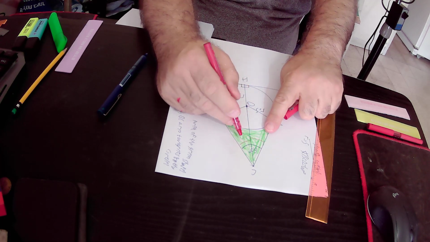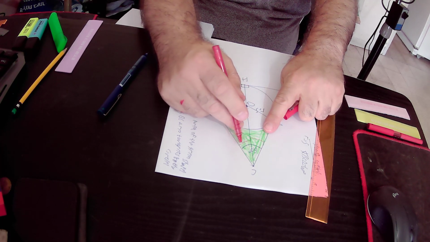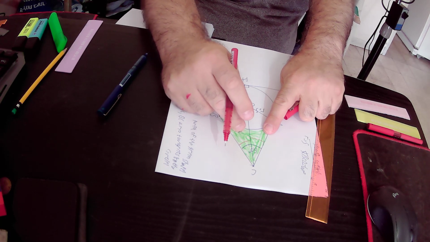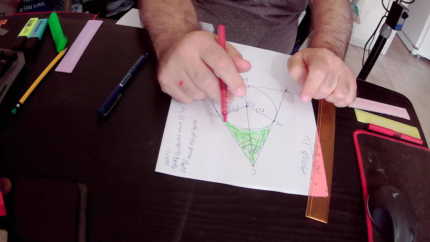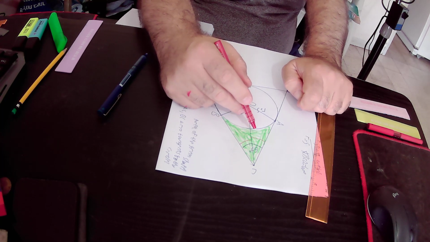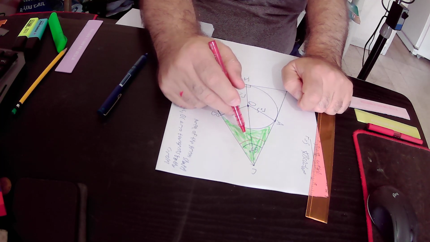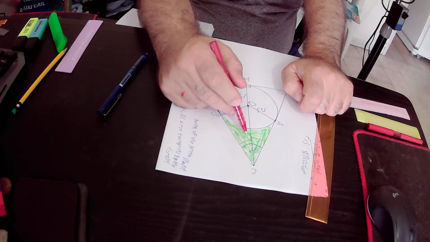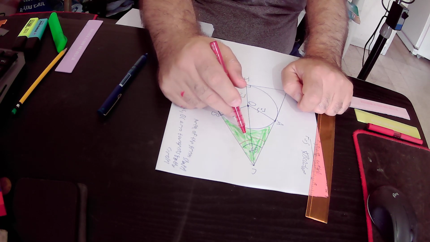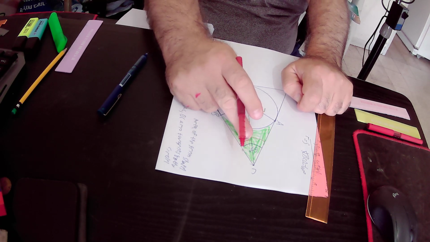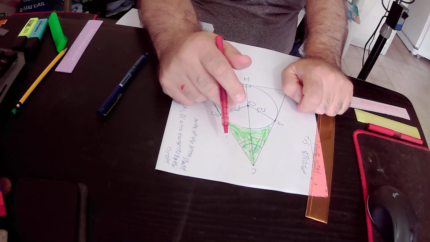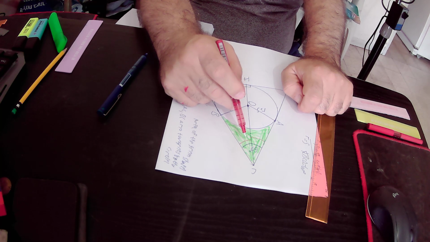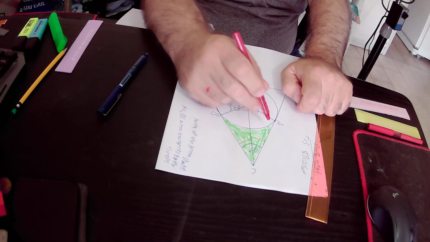Those two angles in red are equal to each other according to the rule that corresponding angles in congruent triangles are equal. So if we define one angle as x, then the other angle will also equal x. x plus x is 2x, so 2x equals 60 degrees. If we divide by 2, we get that x equals 30 degrees.